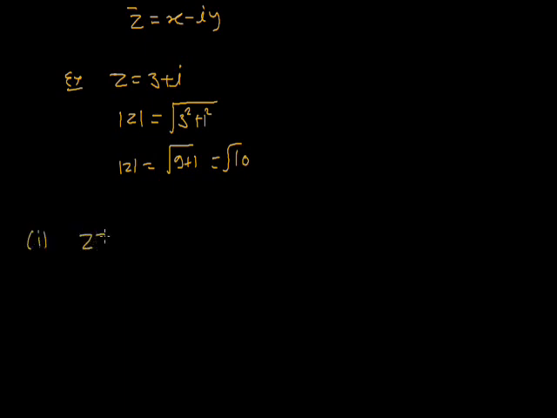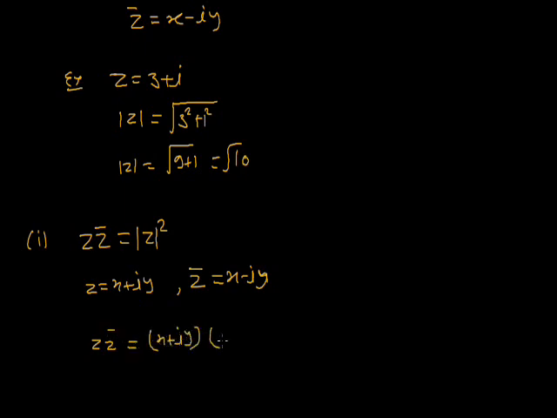First is z into z bar, which is equal to mod of z square. To prove this, we have z equal to x plus iota y, then the conjugate of z will be x minus iota y. Now z into z bar is equal to x plus iota y into x minus iota y.